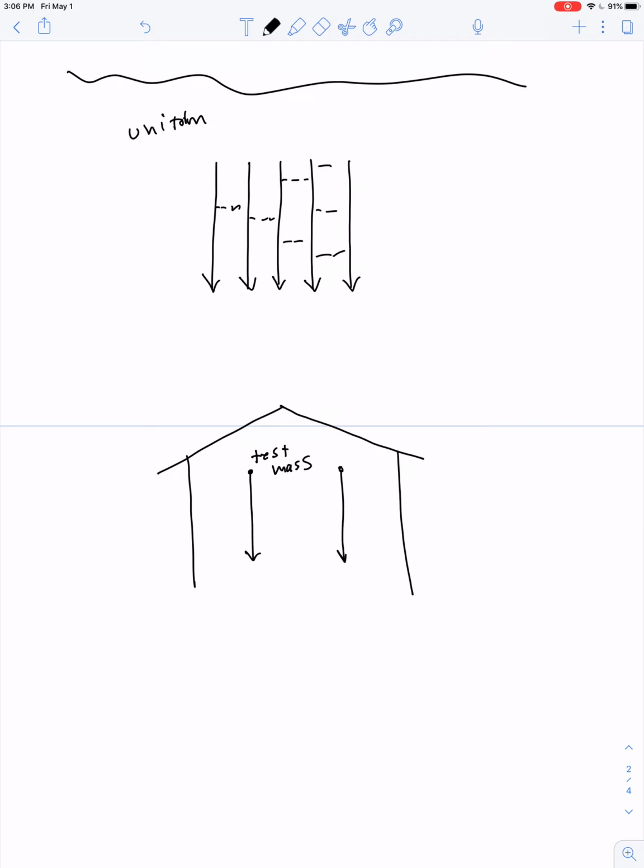We drop the penny from this part of the classroom straight downward. And so this is how we can get a set of gravitational field lines inside the classroom that are all parallel to one another and evenly spaced. But of course, this represents a narrow view of the Earth.